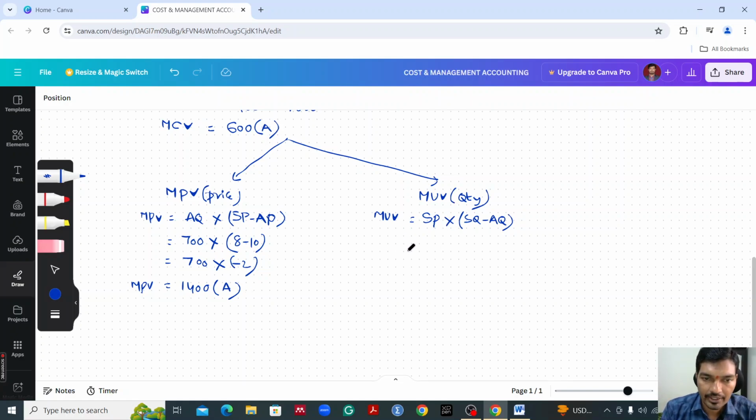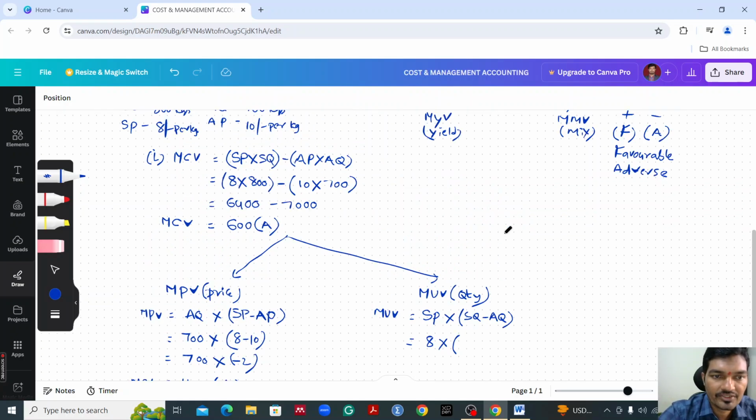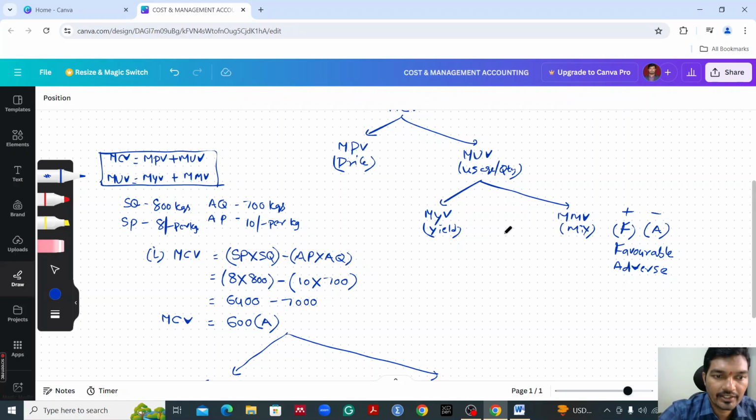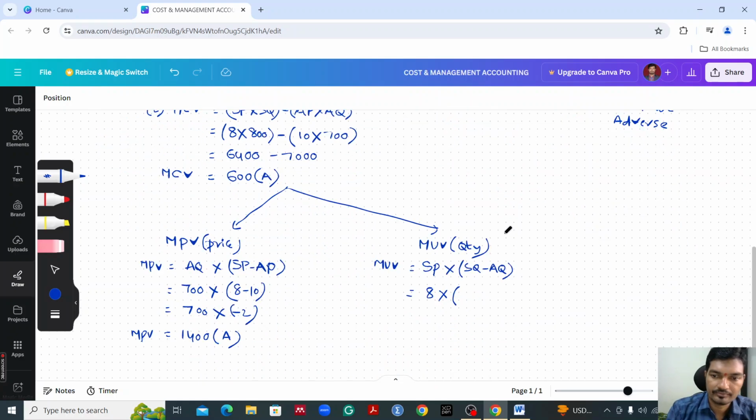Then coming to MUV, we substitute the values. The standard price is 8 rupees per kg into the standard quantity 800 kgs minus the actual quantity 700 kgs.